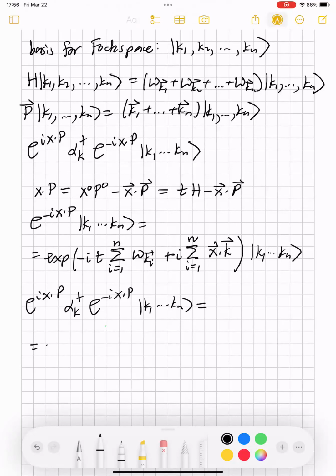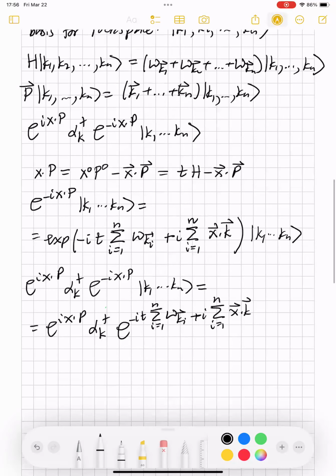Well, this is e to the ix dot p alpha k dagger, and then we've got e to the minus it sum from i equals 1 up to n of omega ki. This is what we just derived, plus i sum from i equals 1 up to n of x dot k. Good. And then we've got the state, k1 up to kn.